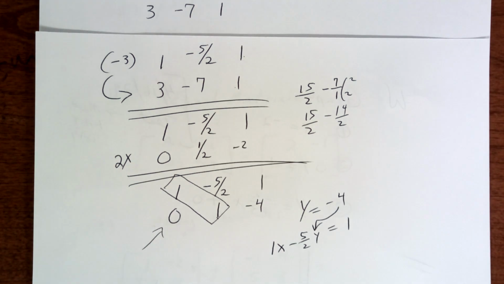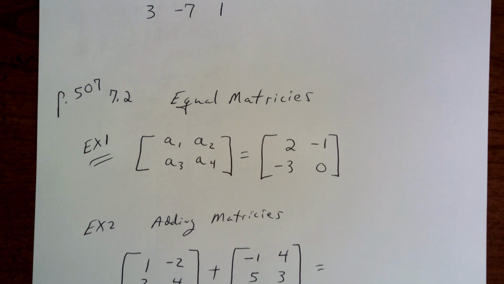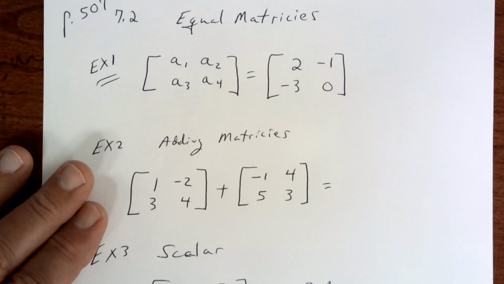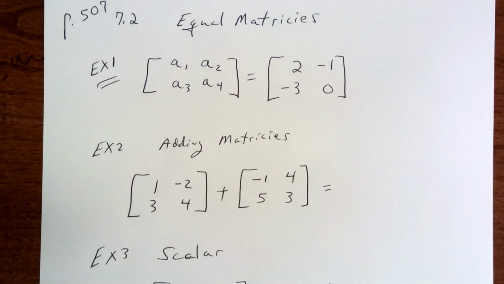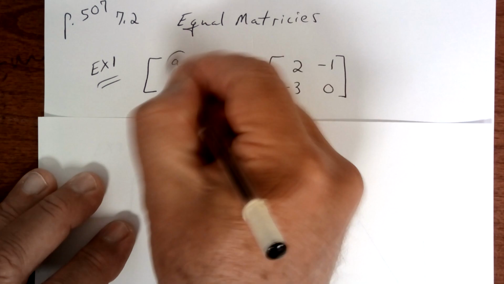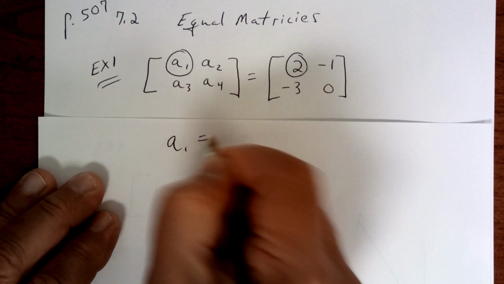All right? Today we're talking about matrices, so copy down everything you can see right here. Copy all of that down. This is in your book if you want to follow. All right, so in order to be equivalent matrices, every element must be the same. In other words, this must be equal to this. So A1 would have to be the same as 2.